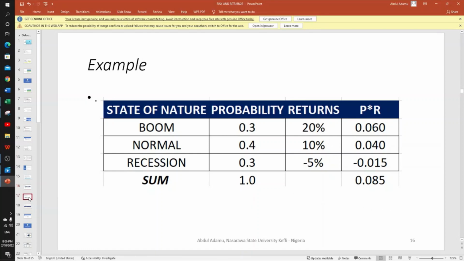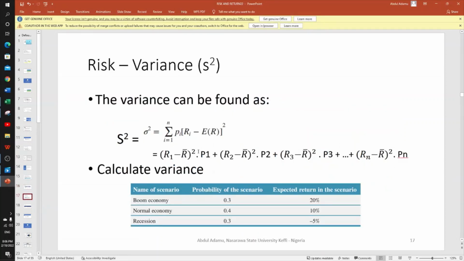Then you square it. After squaring it, you multiply it by the probability. When we add them together, that is the variance using probability data.